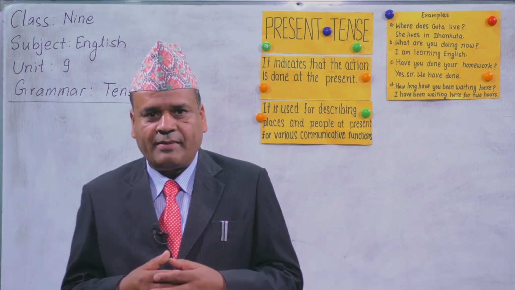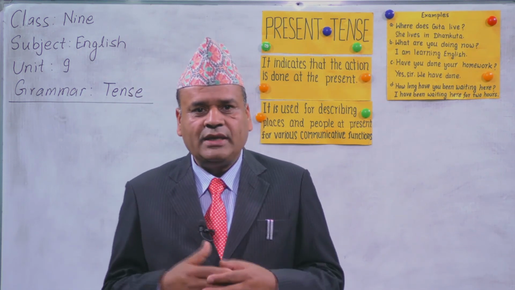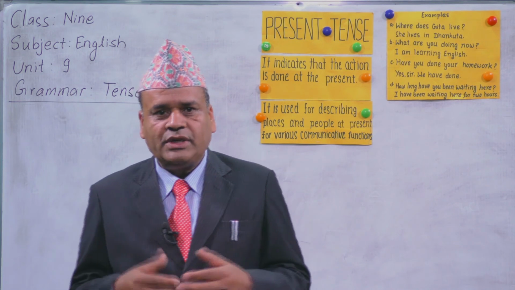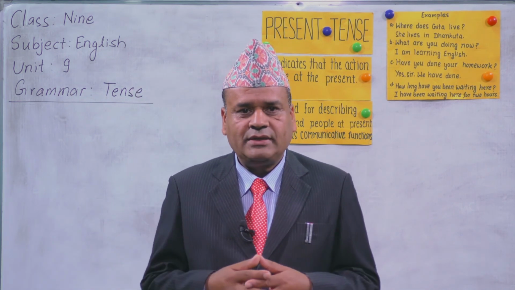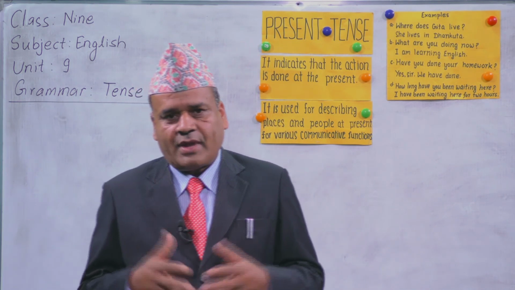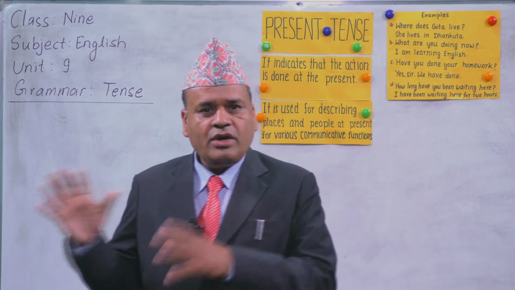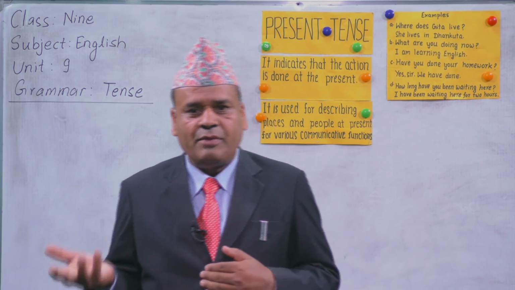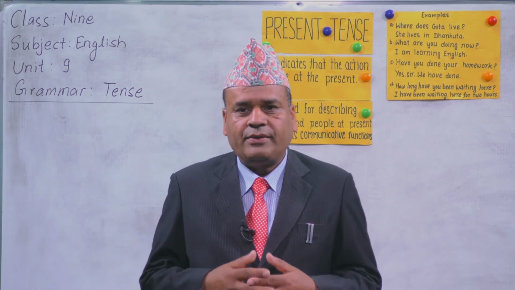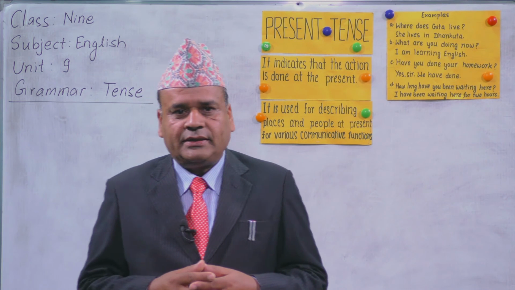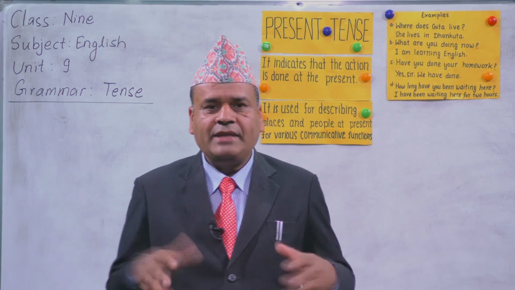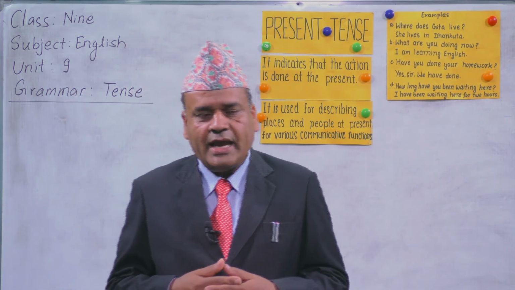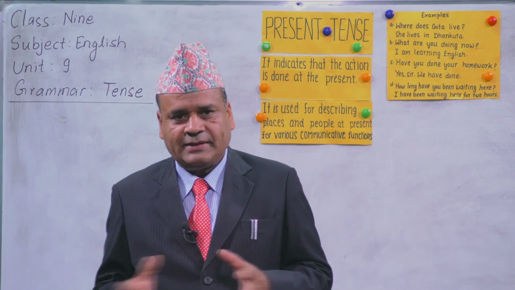So simple present normally is used with universal truth, general truth, habit, okay, these things. And present continuous, ongoing action, that is indicated with now, at present, at the moment, all right? So present perfect, especially the action is over and the result is left, and to express the experience.